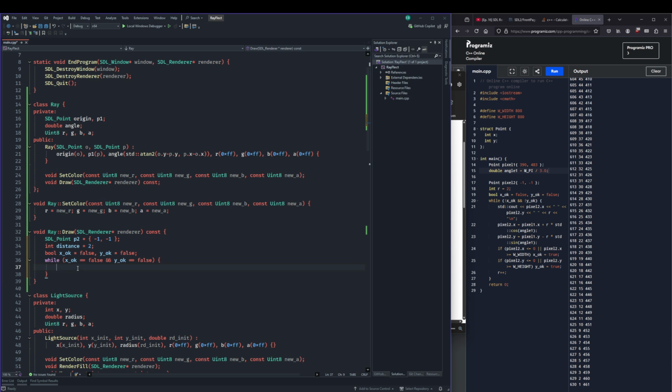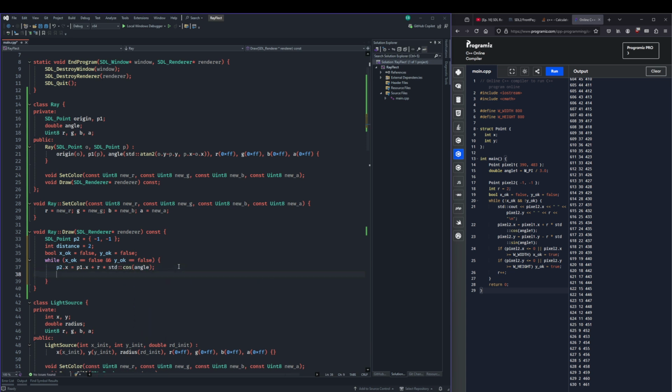Basically, p2x is just going to be equal to p1x plus r times the cosine of our angle, and p2y is going to be equal to p1y, and this is actually not going to be a plus but a minus. Why?